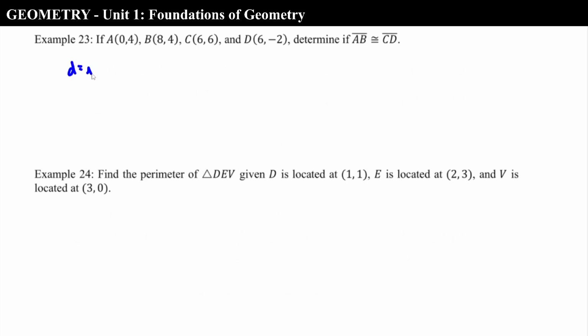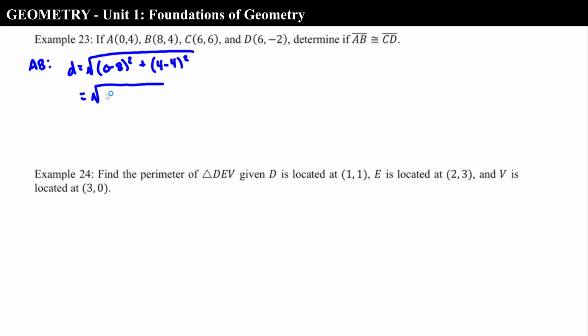So first for AB, I'm going to do my difference of x's, so 0 minus 8 squared, plus 4 minus 4 squared. This one we can actually do by hand. It's a little bit easier. So we have the square root of -8 squared, because 0 minus 8.